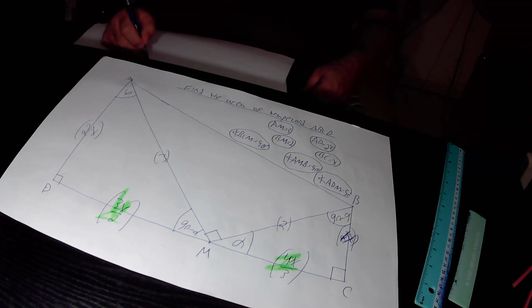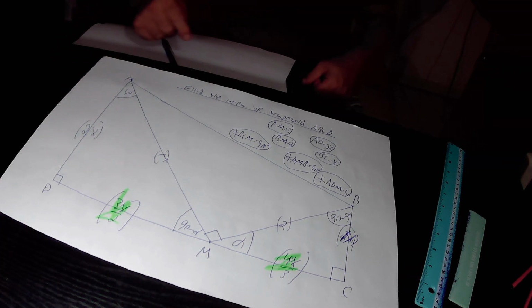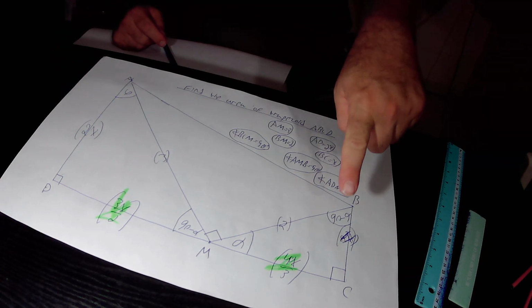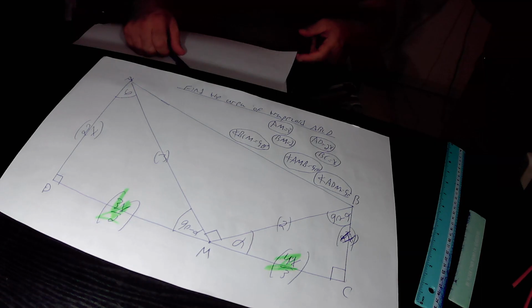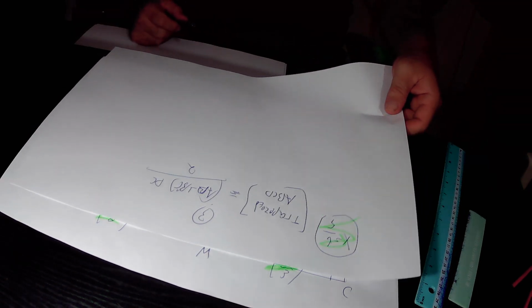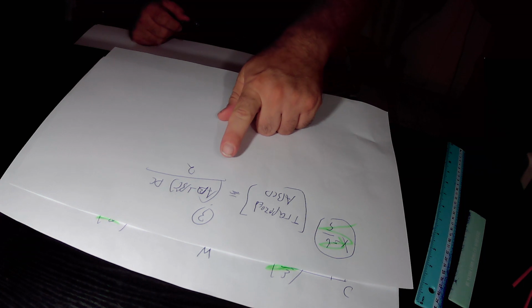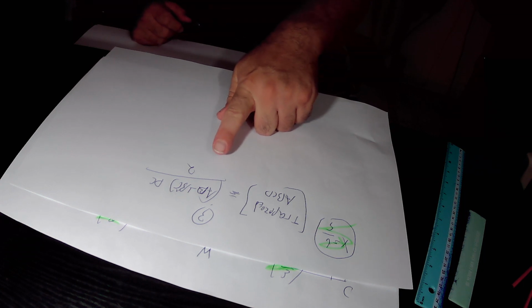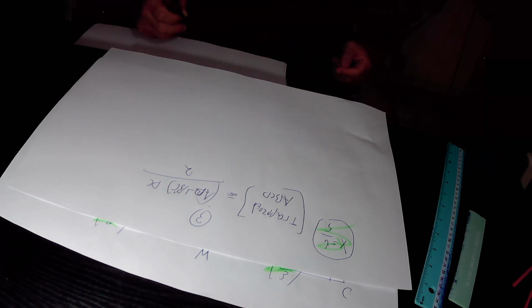Again, the height is DC because it creates 90 degrees with the base AD, and it also creates 90 degrees with the other base BC. So the area of trapezoid ABCD equals the sum of its two parallel bases, AD plus BC, times the height DC over 2.